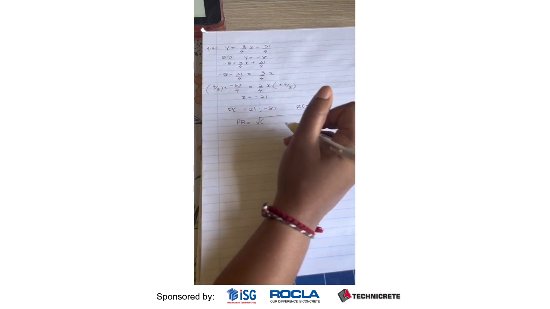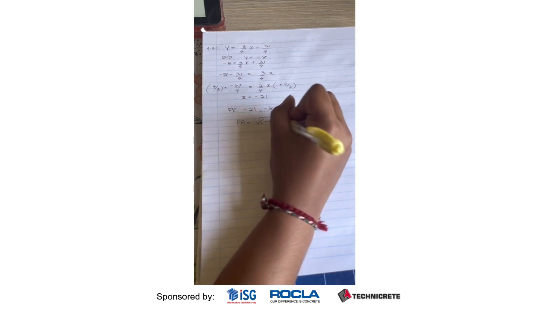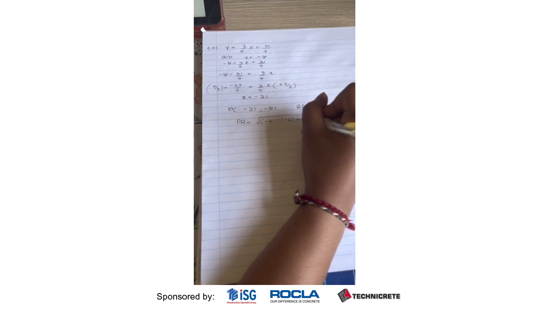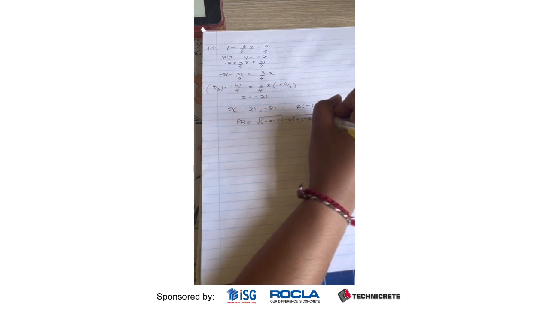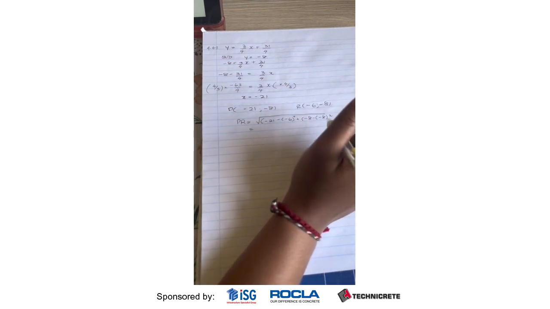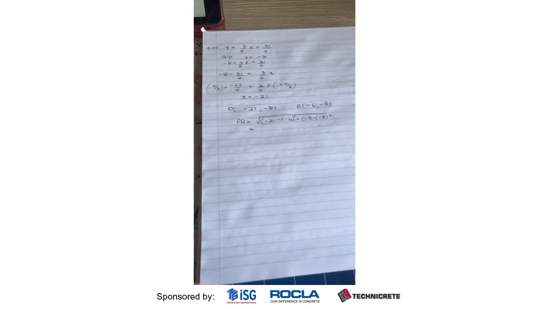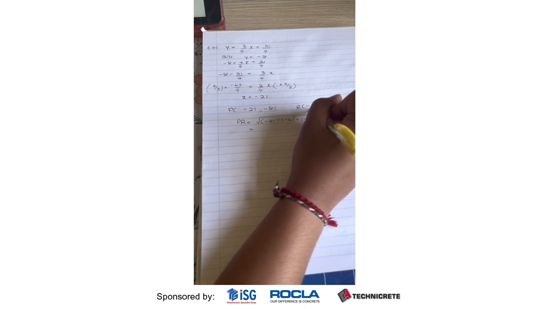So -21 minus -6, squared, plus -8 minus -8, squared. Because we don't have y values, it's just the x values that we are using. So we didn't actually have to do that. We just have to add these two up.